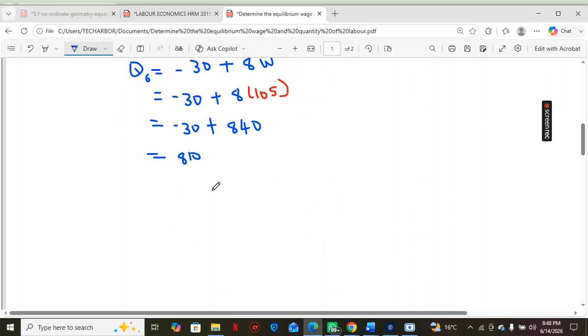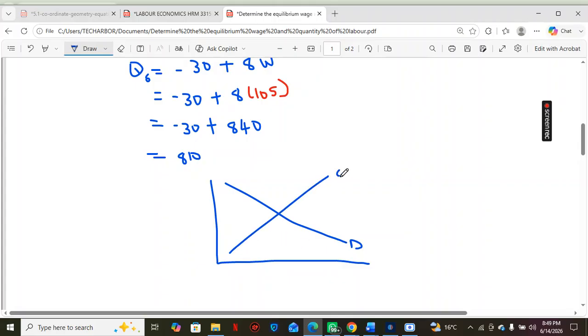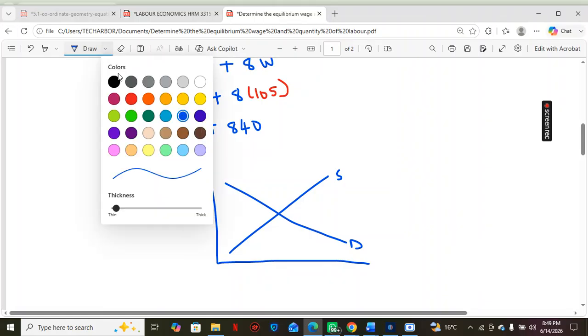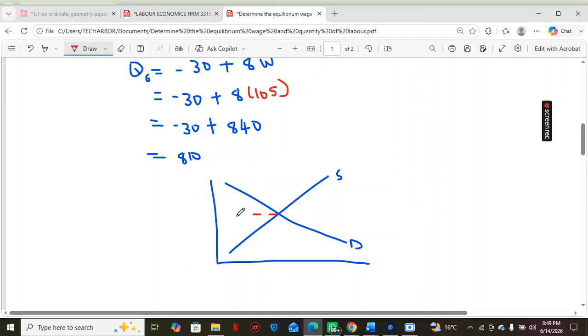So combining this together, labor demand and labor supply, in this market people are getting paid 105 dollars.